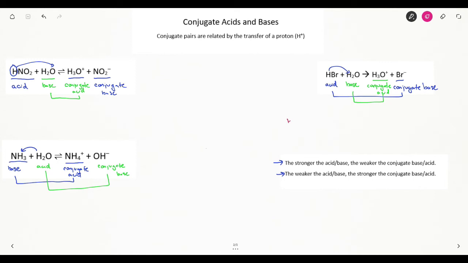We already know that hydrobromic acid is a strong acid. Not only is it on our list of common strong acids, but also it completely dissociates in water. That means that its conjugate base is going to be very weak. Its conjugate base is the bromide ion, so we will call that a weak conjugate base.